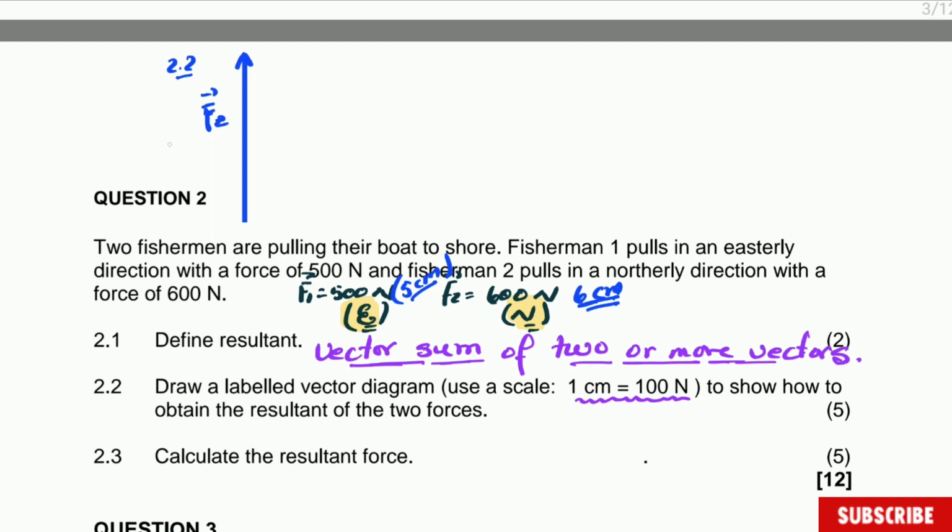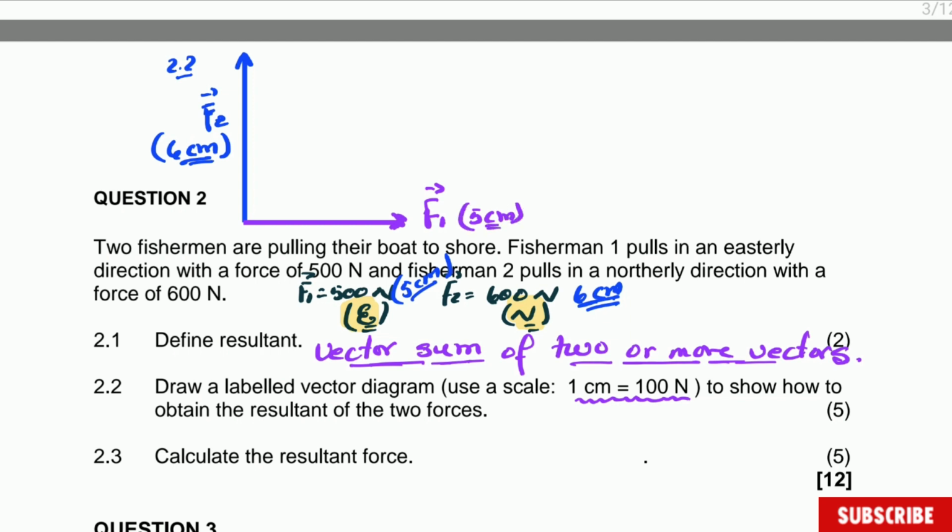Remember, this one must be 6 centimeters. And the other one is 5 centimeters to the east, which will be this one here. So this one is the first one, which is equal to 500 Newton, and you have to draw it with 5 centimeters. That is important.